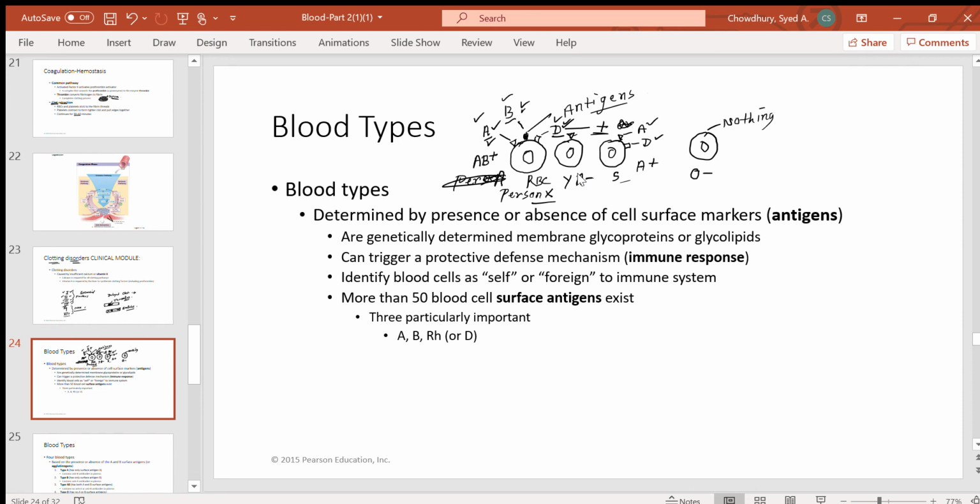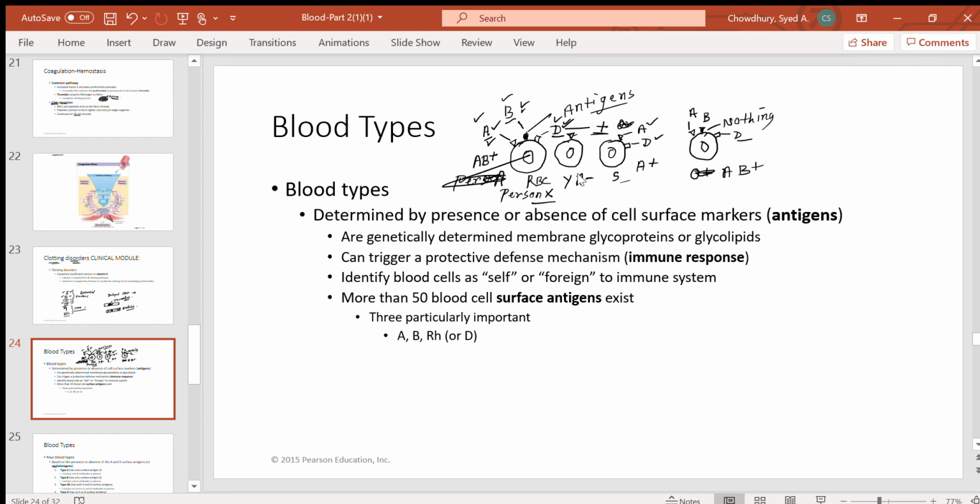Now if I add a D only here, no A, no B, but I see D antigen, so O positive. Makes sense? Now if I add A and B, A, B and D, that means AB positive, that I mentioned here, right?